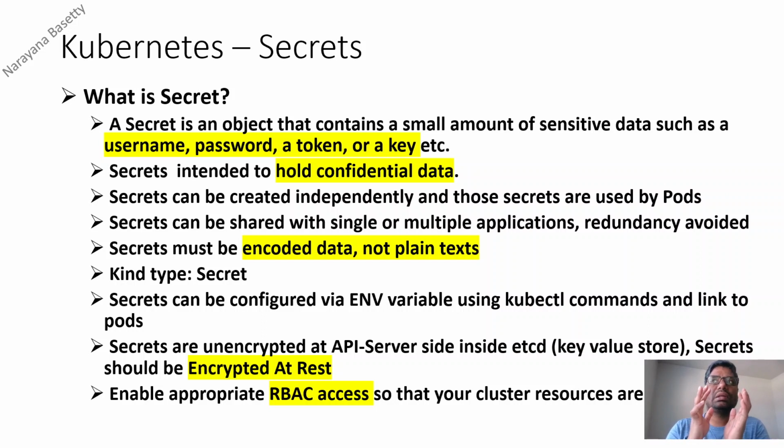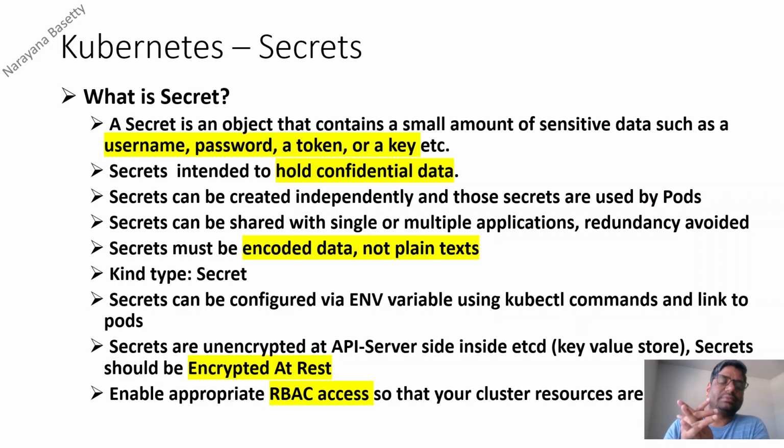If you have multiple applications going to use the same username, password, and URLs, why do we need to configure them across all the applications? We don't need to. You can create a Kubernetes secret and reference it across your applications, so that the data redundancy is avoided.